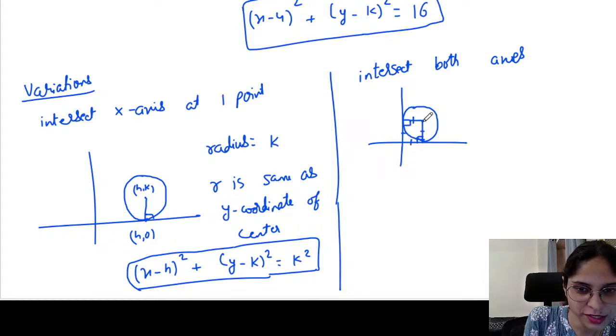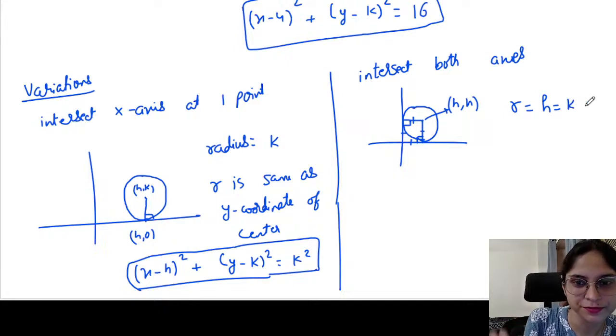So over here your center has to be h comma h. So here your radius, your h, your k, all three of them are equal. So this point will be 0 comma h, this point will be h comma 0, radius is also h.